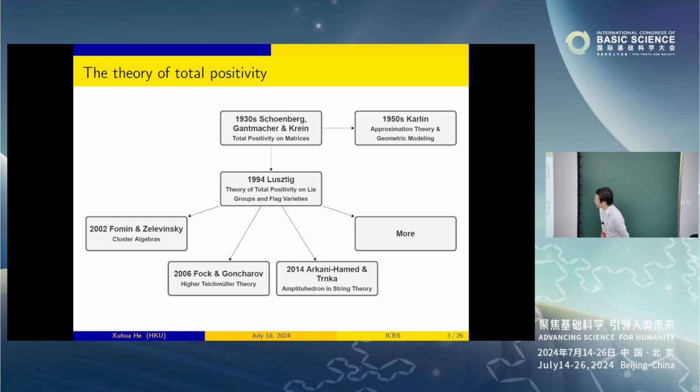For example, it motivated the theory of cluster algebras introduced by Fomin and Zelevinsky in 2002, and also plays a key role in the higher Teichmuller theory of Fock and Goncharov in 2006. It is also the key ingredient in the amplituhedron in string theory, studied by Arkani-Hamed and Trnka, introduced in 2014, and there are many more.